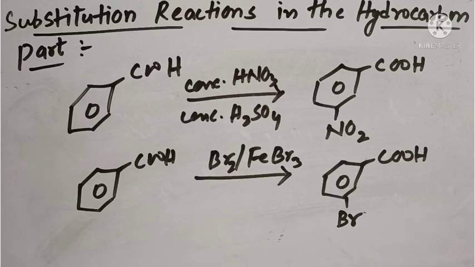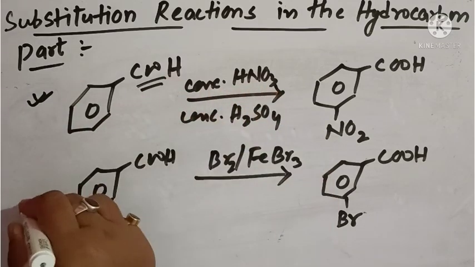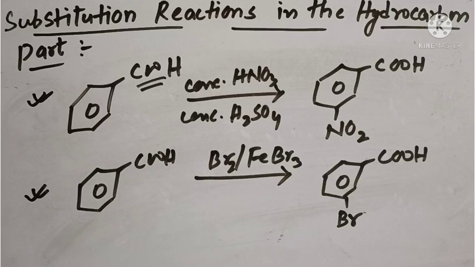Another is that the Friedel-Crafts alkylation or acylation takes place in the presence of anhydrous AlCl3, a Lewis acid, which gets bonded with the carboxyl group. So nitration and halogenation are possible, and sulfonation can also take place.